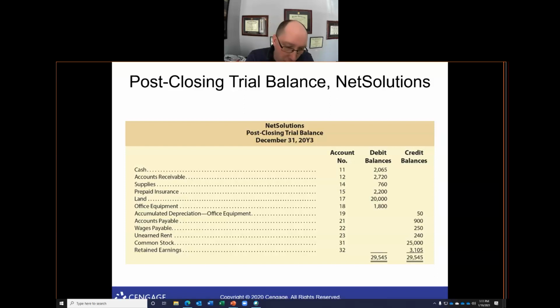Retained earnings, as we know, comes from the retained earnings statement, or the statement of shareholders' equity. The debit balance and the credit balance should be equal. They always need to be equal. This is the post-closing trial balance.